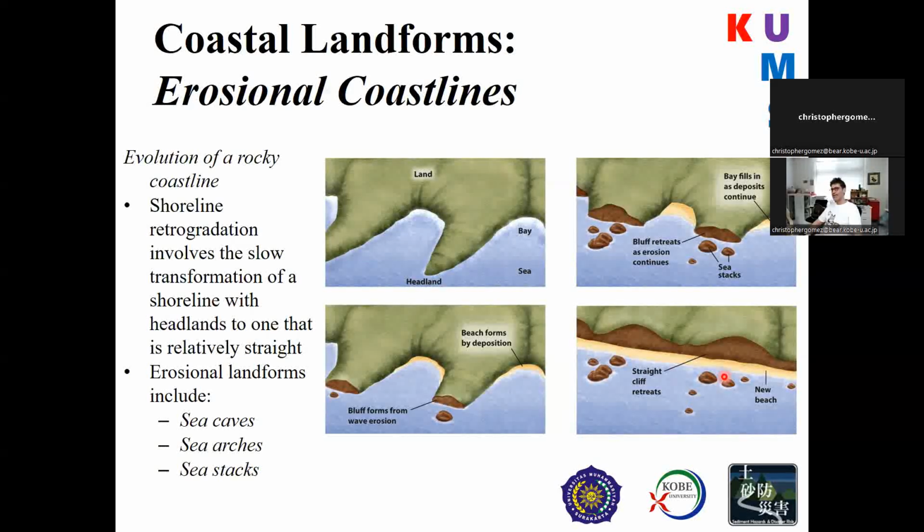I say at the end, it's not the end. It's one of the steps in a myriad of processes. And these kinds of things can lead to a lot of different erosion landforms on the coast, like sea caves, sea arches, sea stacks. And I'm going to go back to the first slide for a second to show you one of the sea arches.